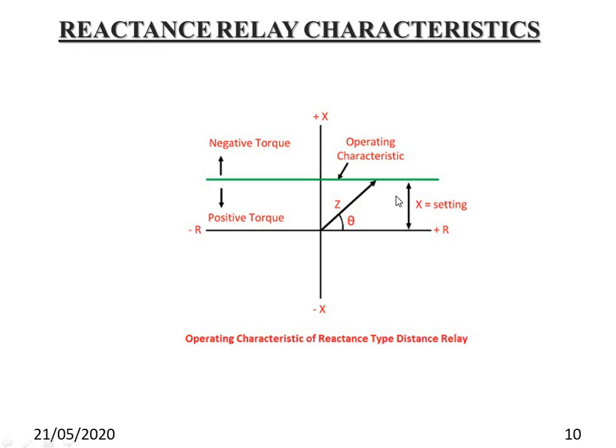If the reactance of the line up to the fault location is less than the actual X of the line, then we can say it produces a positive torque. That means it is within the operating zone, the relay will operate. If this X value is greater, that means the fault location is F2, then the reactance is beyond its limit. So the relay will not operate. This zone is called the negative torque zone, or the blocking zone.